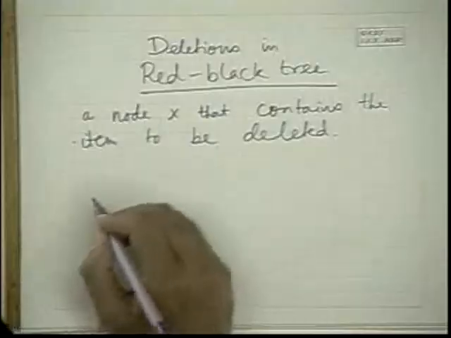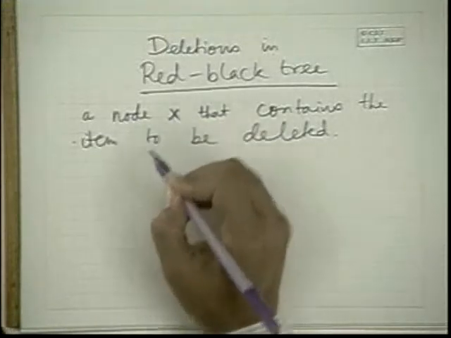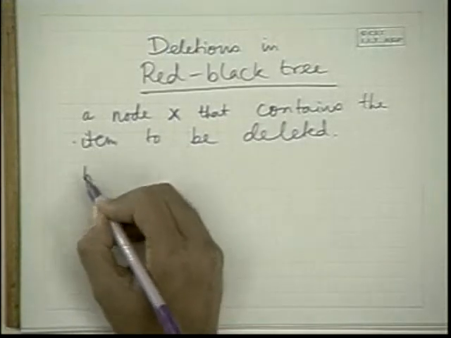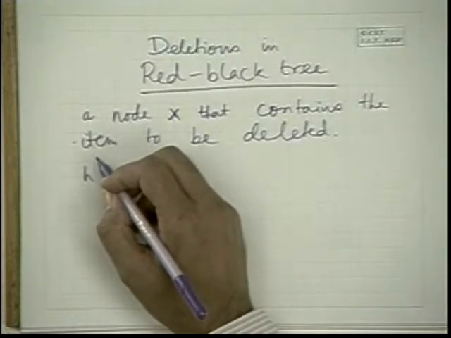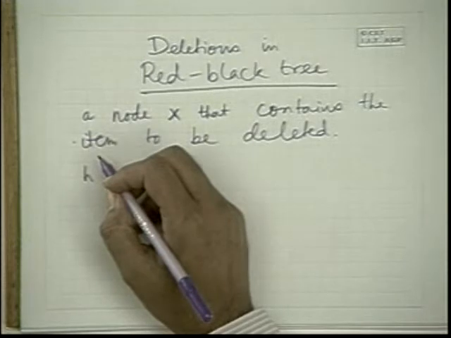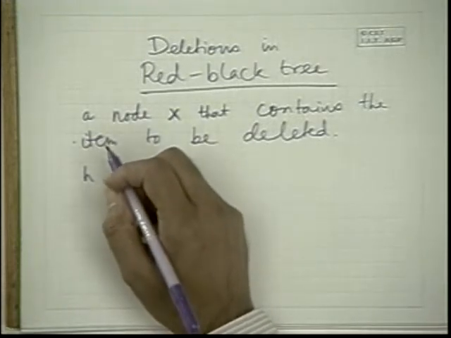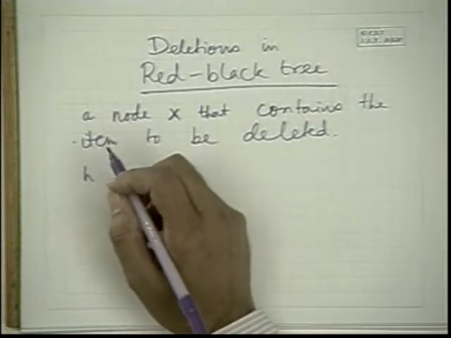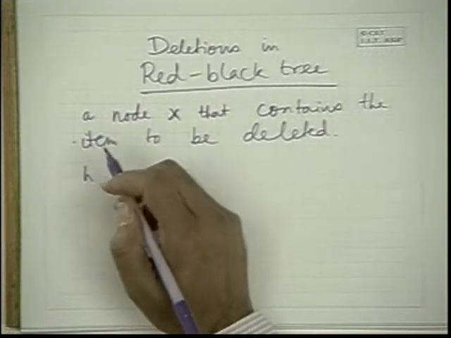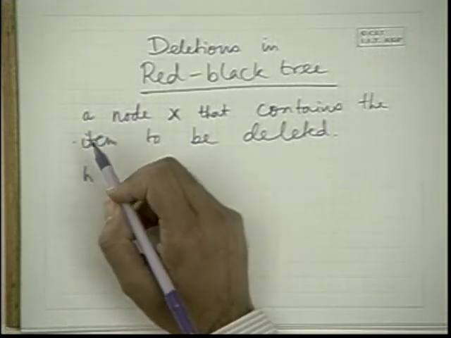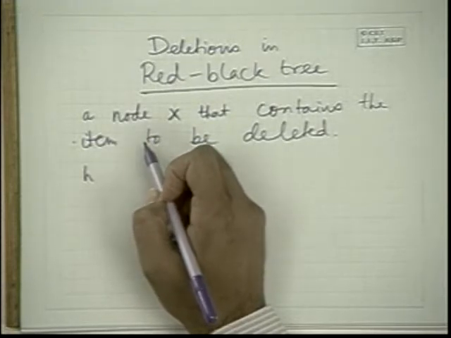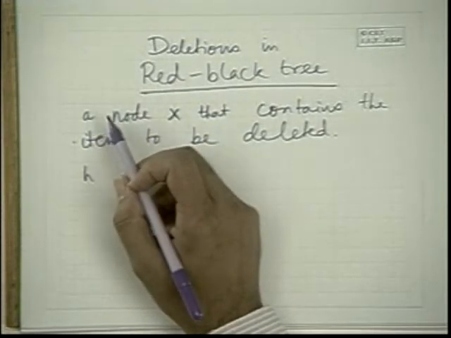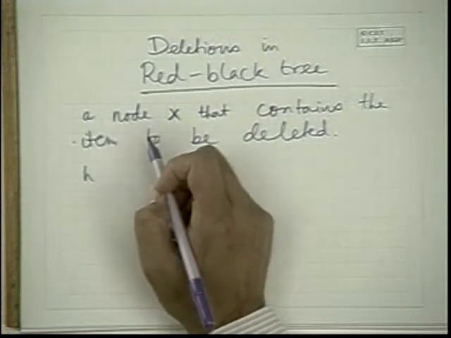So the first thing we do, we find a successor or predecessor of X repeatedly, such that you reach a leaf node. So what do you do? Suppose we take the successor. We take the successor of x and exchange the value of x with the successor of x.